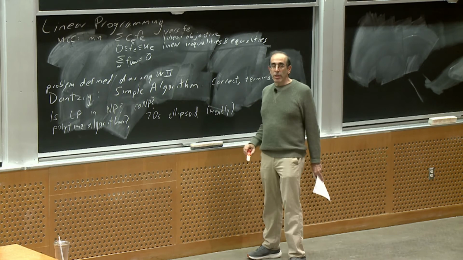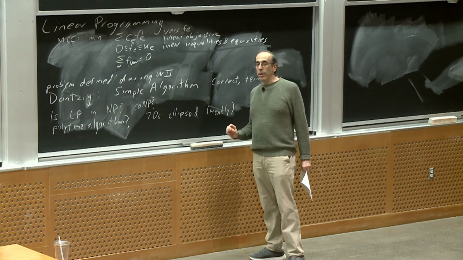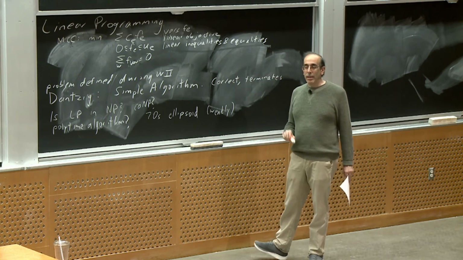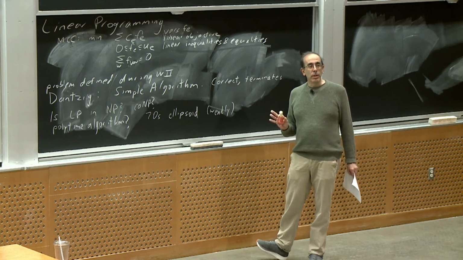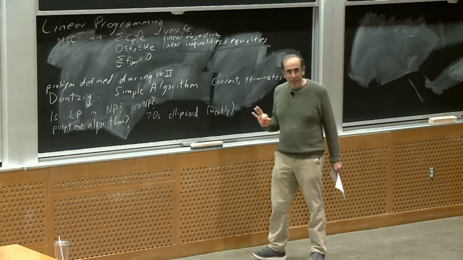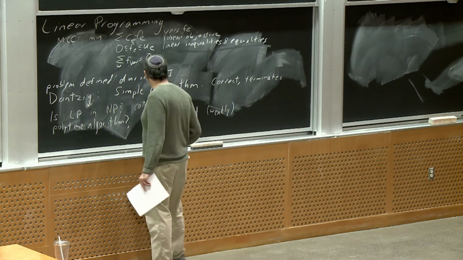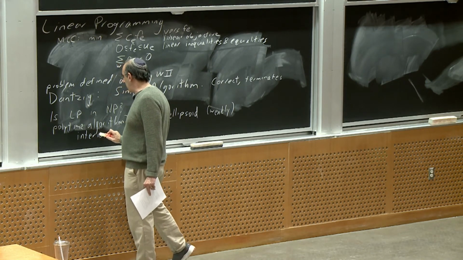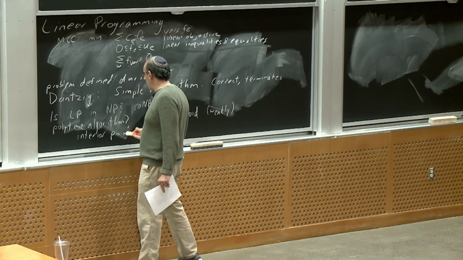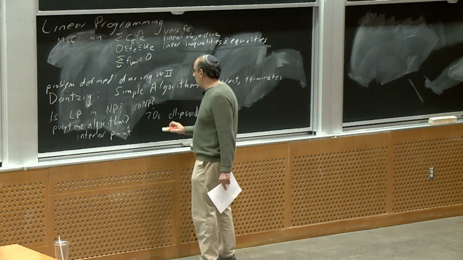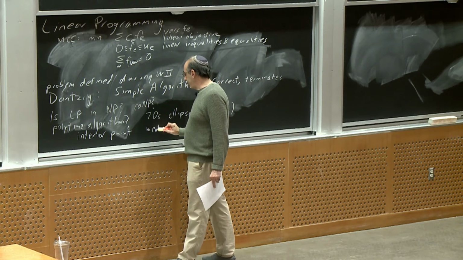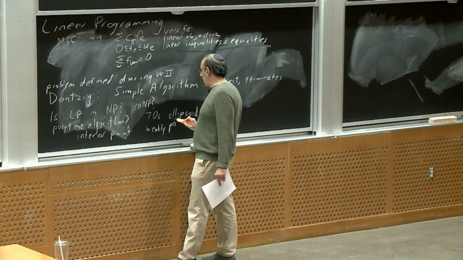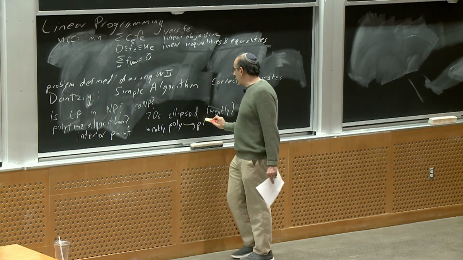But the ellipsoid algorithm is incredibly cool, and I'll give you a lecture on it. It can do things that are unbelievable, but it is a theoretical algorithm. In the 80s, a class of techniques called interior point were developed, which are weakly polynomial and do lead to practical algorithms as well.